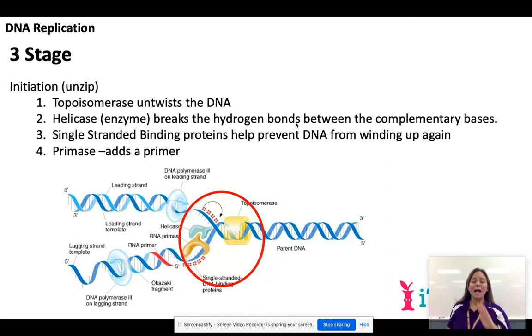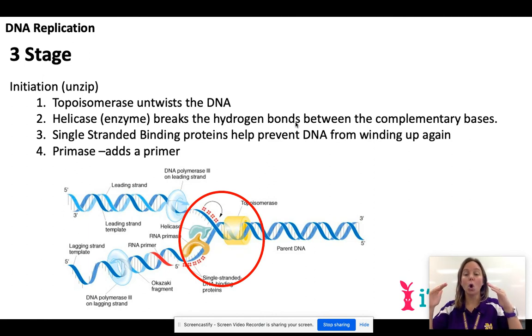And so let's go ahead and review, putting all of these enzymes together. So what do we have first? We have the topoisomerase untwisting the DNA. And then we have the helicase. They're going to break the hydrogen bonds between the complementary bases. So those base pair rules, those bases are going to break open. Then you have the single-stranded binding proteins.